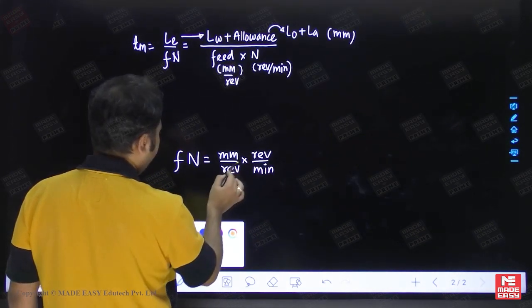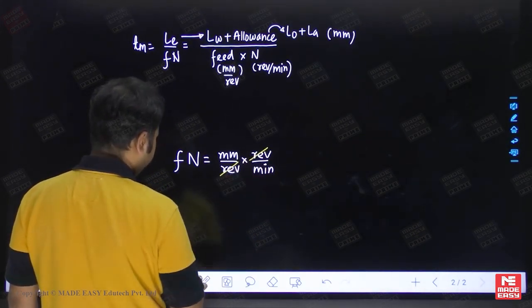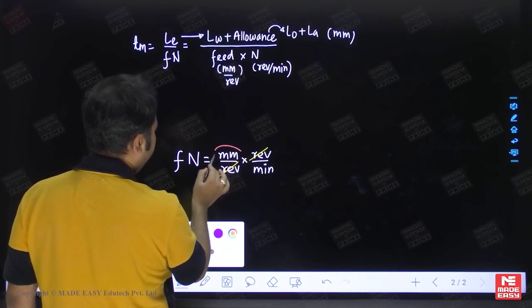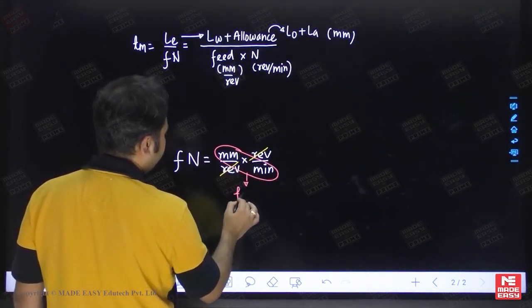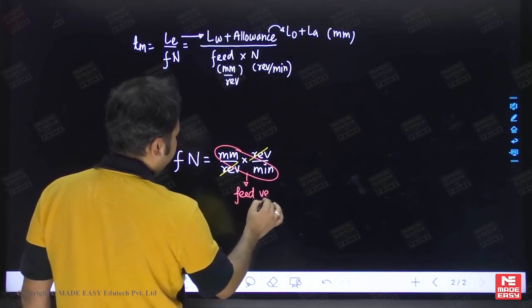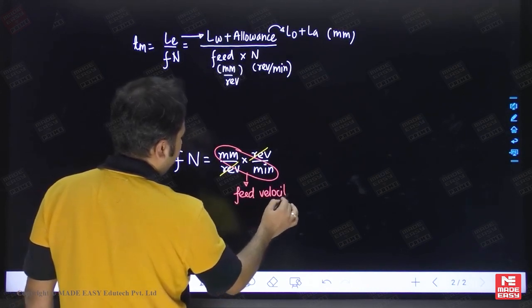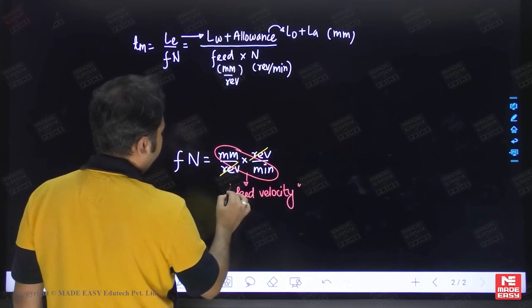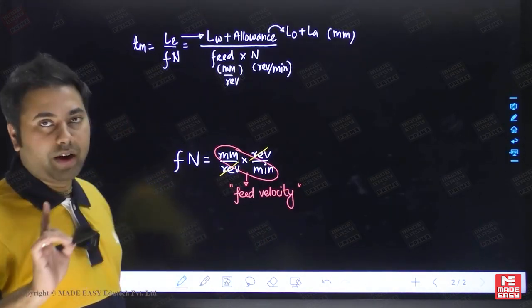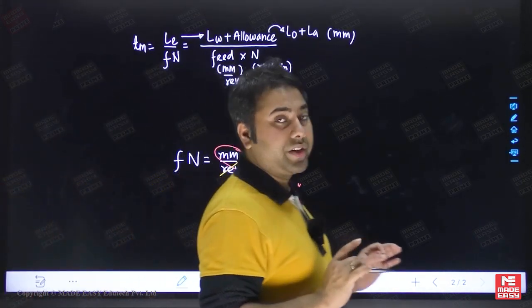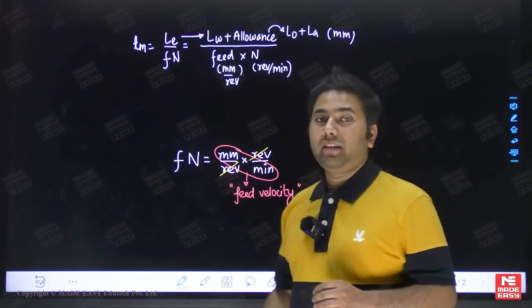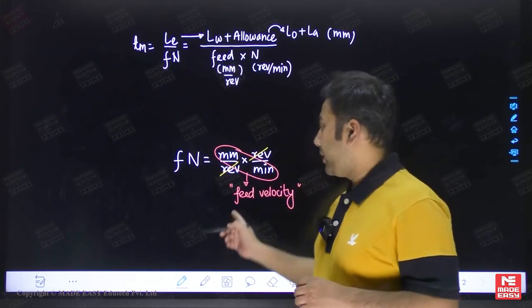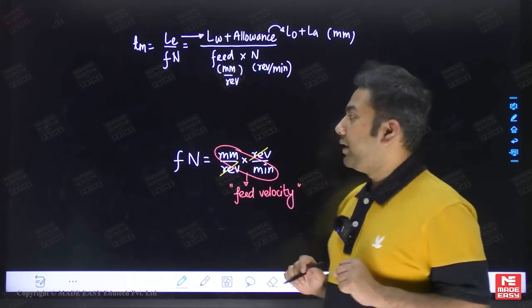The revolution gets nullified, and mm per minute is the feed velocity. In machining time calculation, we don't place cutting velocity in the denominator, rather we go for feed velocity.